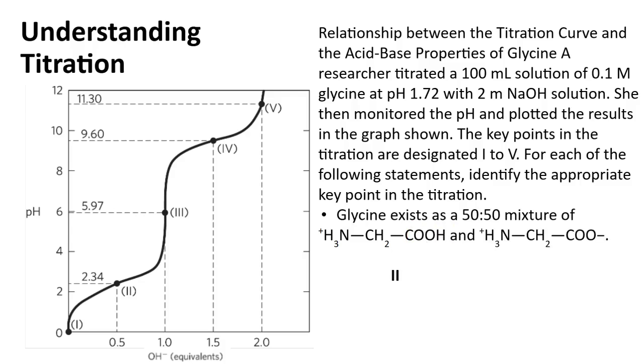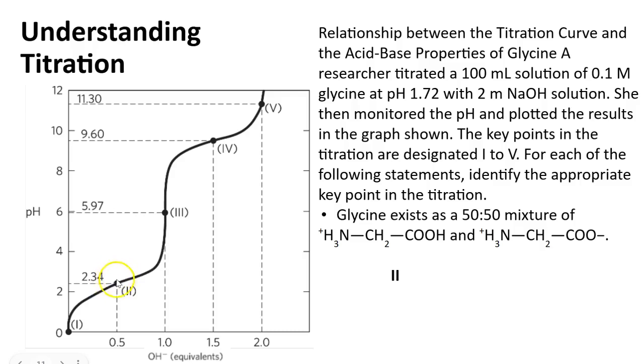And so the point where the glycine exists in a 50-50 mixture of both the protonated forms, because you see there is no negative charge. This is fully protonated, and this is fully protonated. And on this point right here, this is fully protonated, but this is the net 0. So you know the net 0 is right here, and now we're trying to go to the most protonated form.